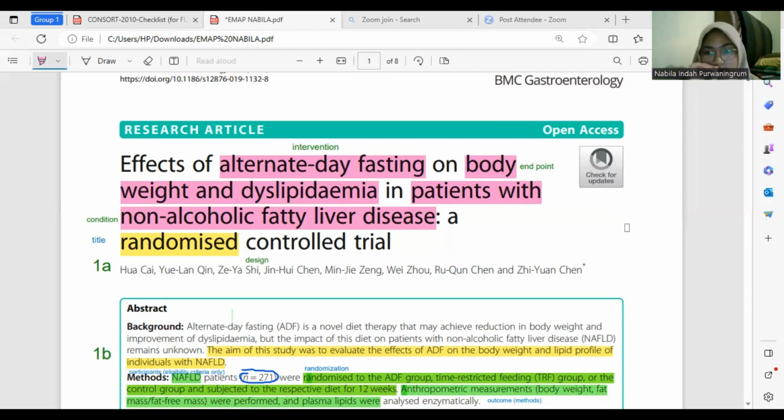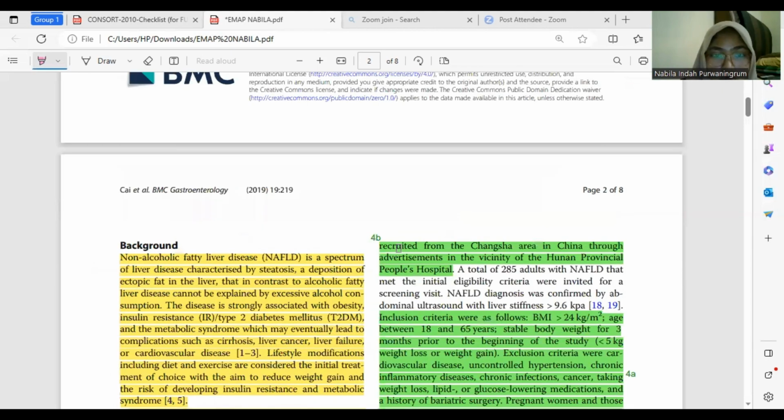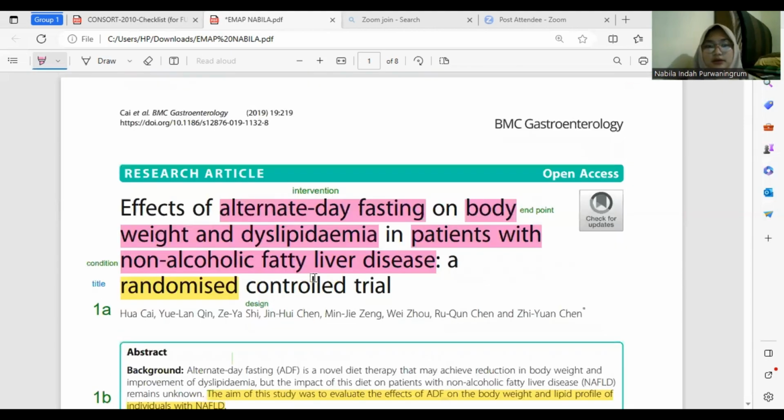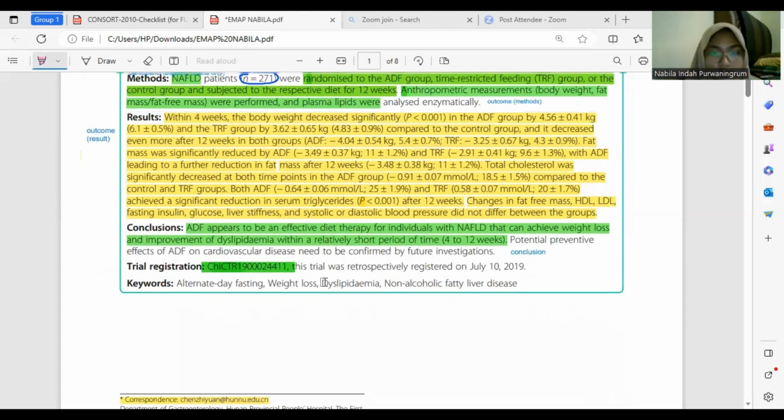In this title, the endpoint is the body weight and dyslipidemia. And then the last letter stands for design, D. The design of this article is a randomized control trial.